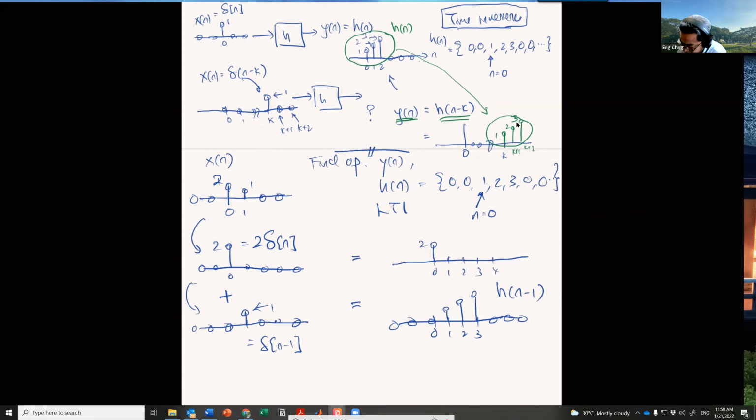At time 1, it will be 4. And at time 2, it will be 6 and nothing else. Now, isn't this 2h of n, right? So I have 2h of n, I have 1h of n minus 1.